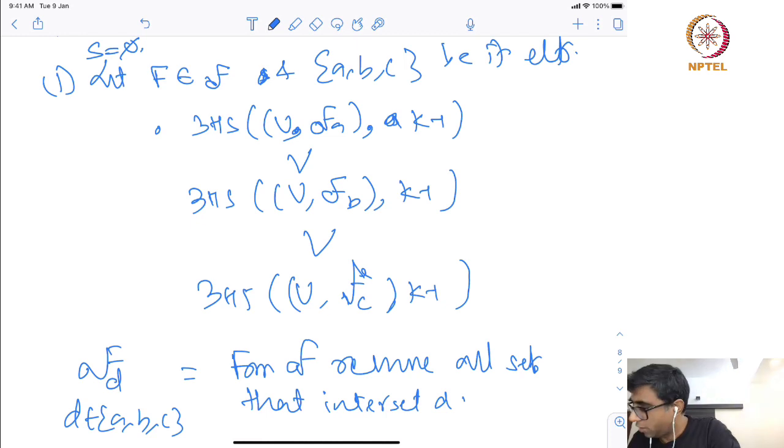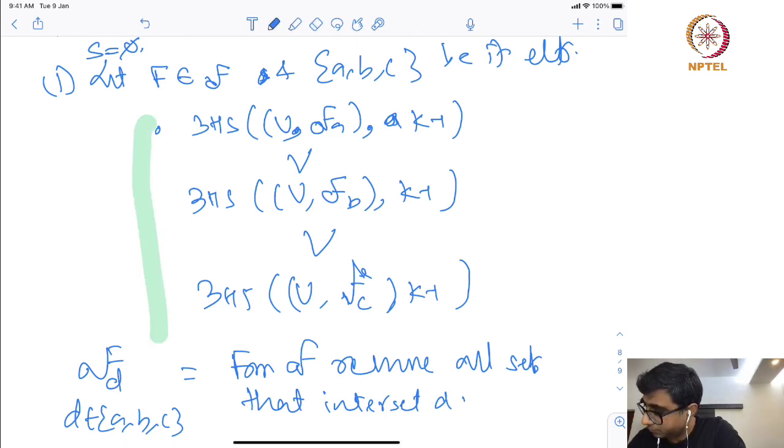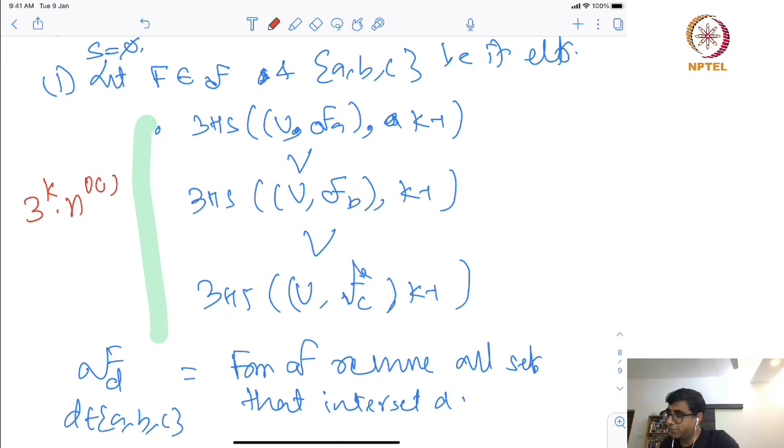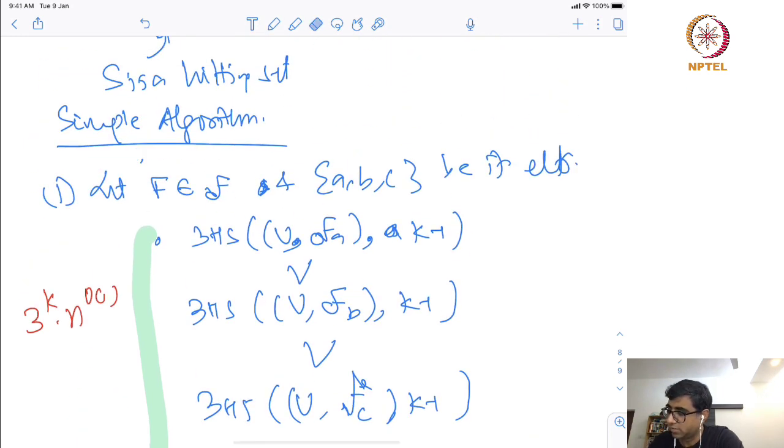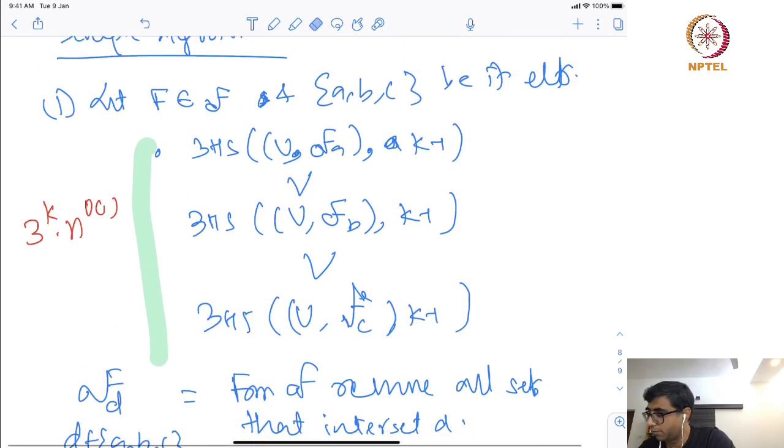So this algorithm is going to run in time 3 power k n to the power big O of 1. If you're looking for the decision version, you don't need any S, you can just run this algorithm and you're very happy.